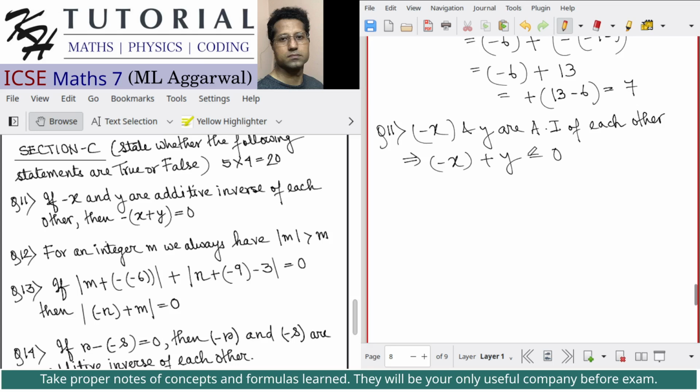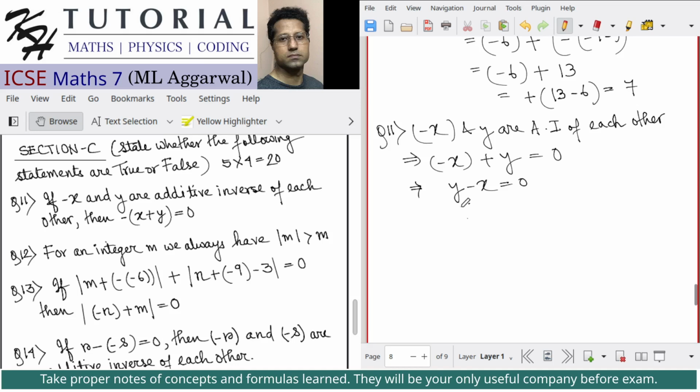In this problem, it is given minus x and y are additive inverse of each other. So we must have minus x plus y is equal to 0. That is, y minus x is 0. So definitely we cannot say that negative of x plus y is 0.